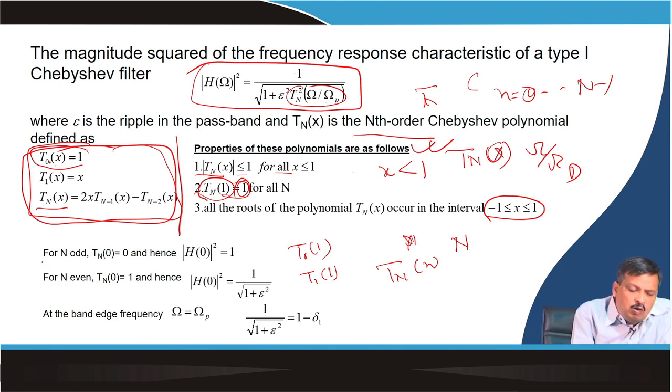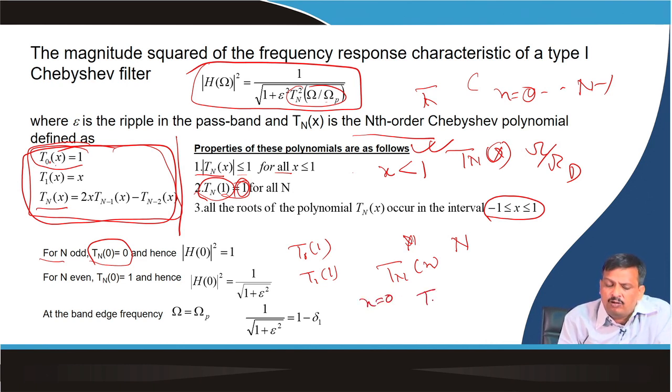For n odd, Tn of 0 is equal to 0. That means if x equals 0, then what is the value of Tn of 0? Tn of 0 is equal to 0 if n is odd. So if the order of the polynomial is odd, then Tn of 0 is 0. If the order of the polynomial is even, then Tn of 0 is 1.